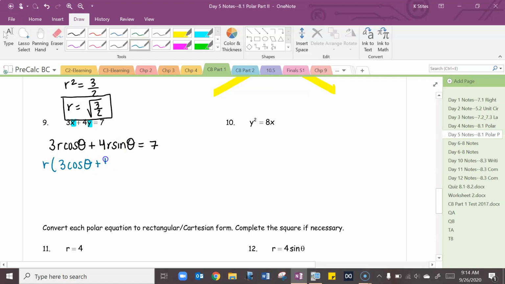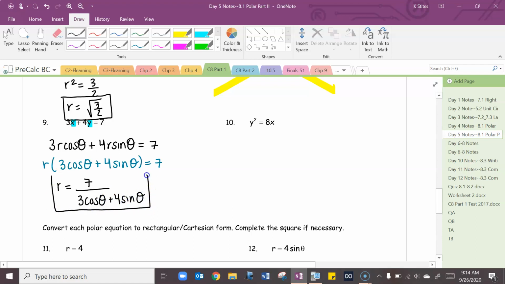Remember, the goal here was to get r by itself. And then finally we can divide by the 3 cosine theta plus 4 sine theta. And that's just a beautiful little equation, isn't it?